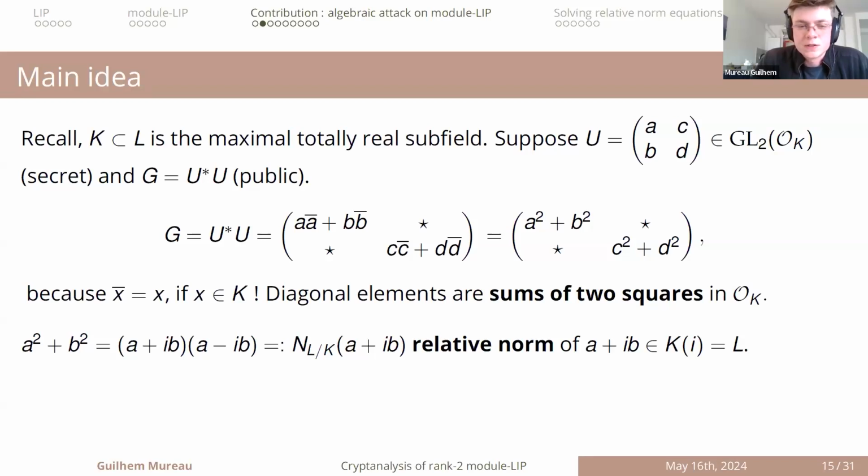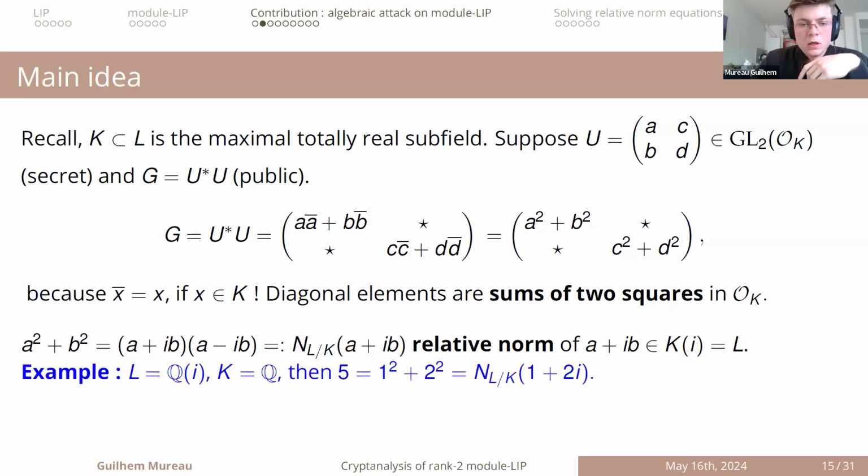This is the expression of the relative norm of the element A plus iB, which lives in the cyclotomic field, so in the quadratic extension above L. For example, the easiest example is when K is equal to Q and L is Q(i), the rational Gaussian numbers.